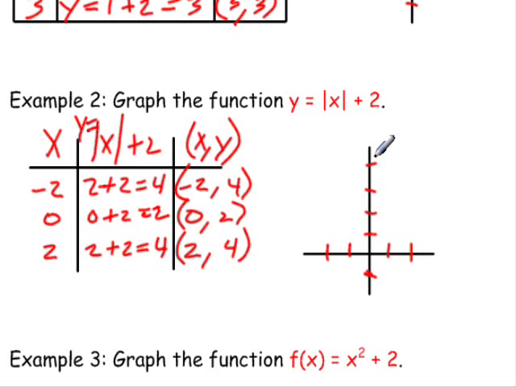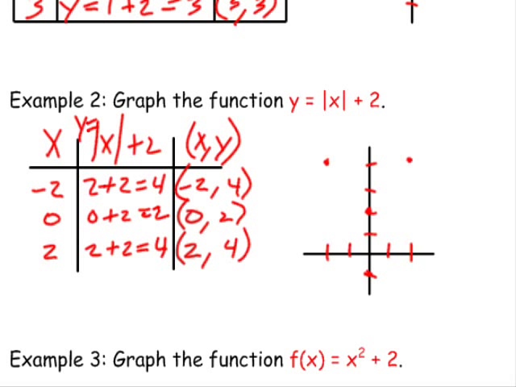Okay, but let's put in -2, and it would give us 4. So we're going to put a dot there. Okay, 0, 2 gives me a dot there, and 2, 4 gives me a dot there.